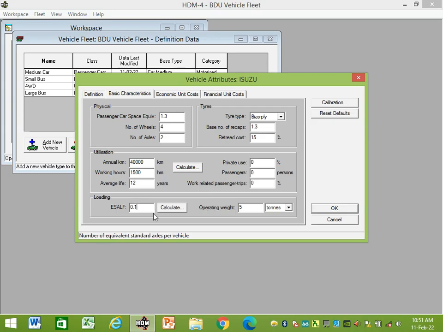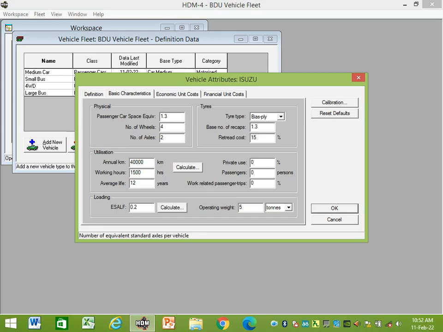So ESAL could be 0.2. You can calculate the ESAL.